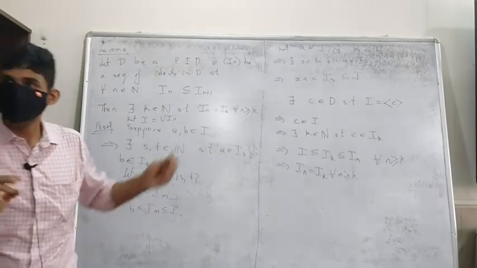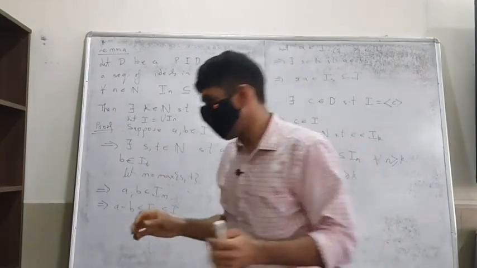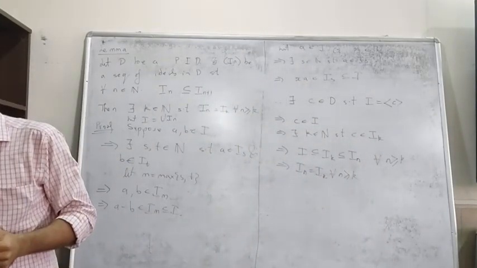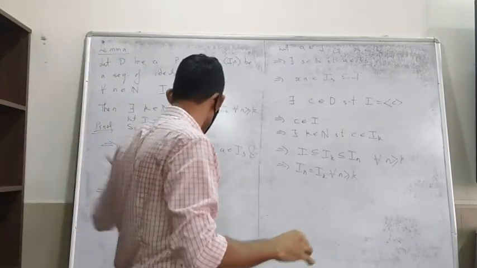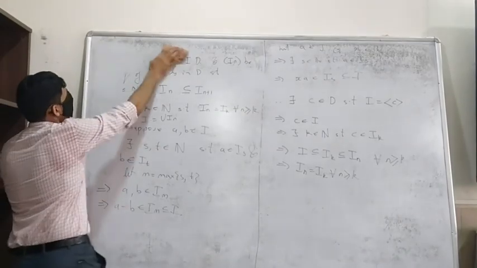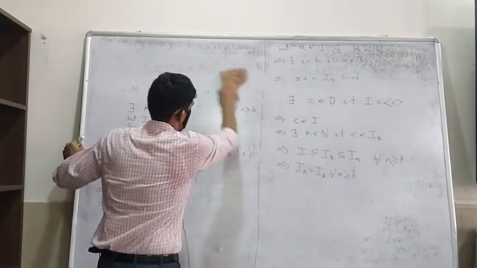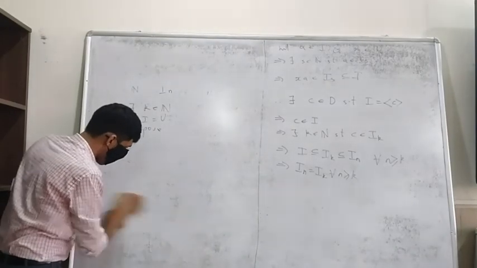Okay, now with this we can prove that every PID is a UFD. Let me give you the gist of the proof. The proof is in the notes, so I don't want to write down everything, but I will give you the proper idea of it. You can have a look at it from the notes.